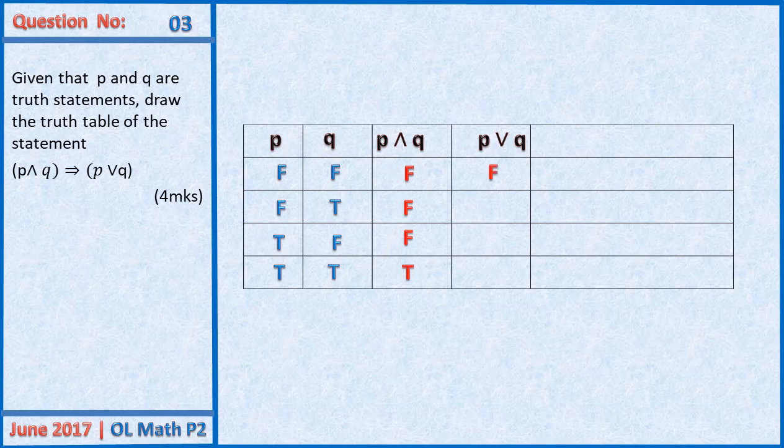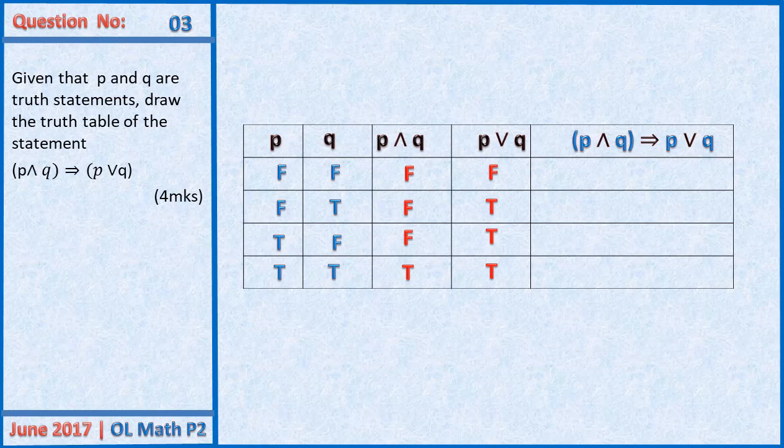Now let's look at P or Q. It is false when both are false, but it will be true if just one of them is true or the two are true. When the first is true and the second is false, it will be true. And when both are true, it is true. This finally brings us to the last part of the statement, P and Q implies P or Q. This means whenever P and Q are true, P or Q should also be true.